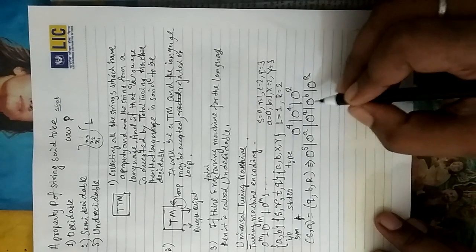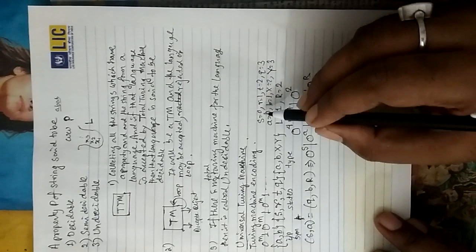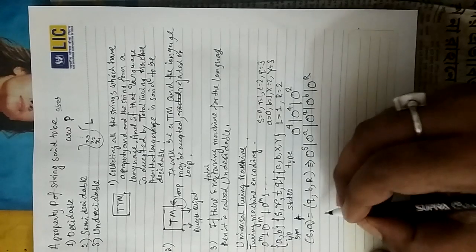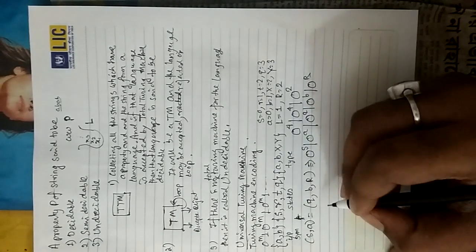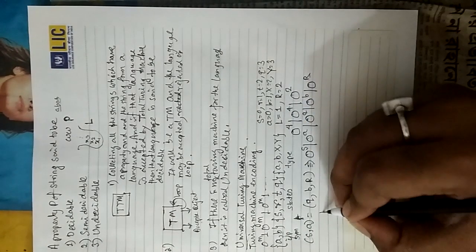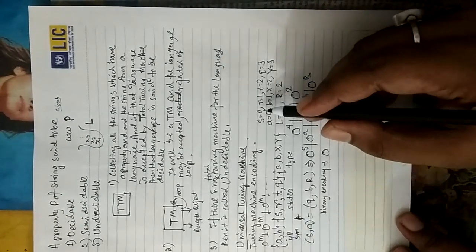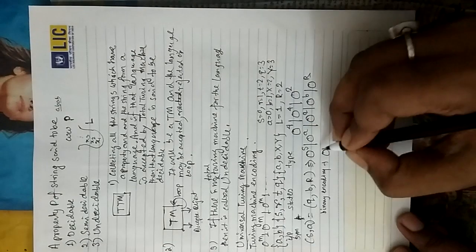Now we will do its binary encoding. We are already given these numbers, what S is, what R is, what B is, and so on. So let us see how binary encoding is done. S is 0, so we write 0 to the power 0.